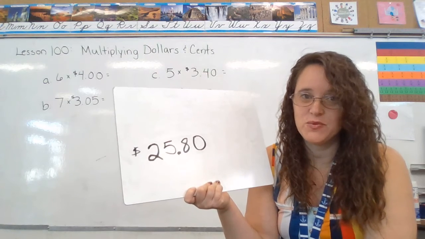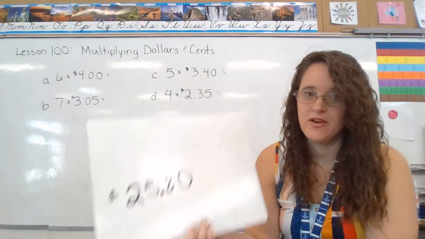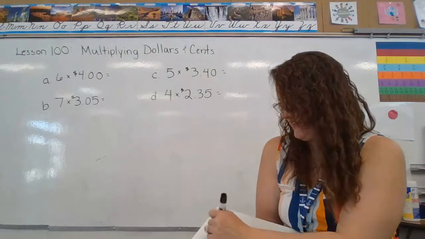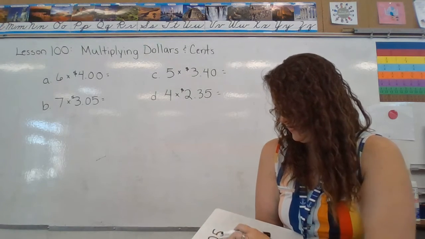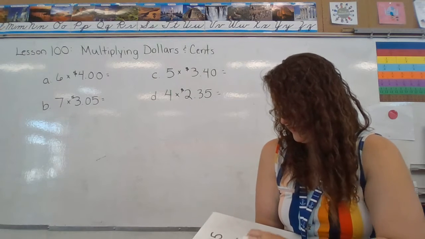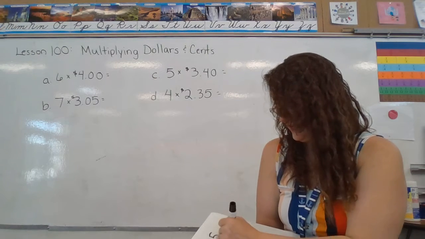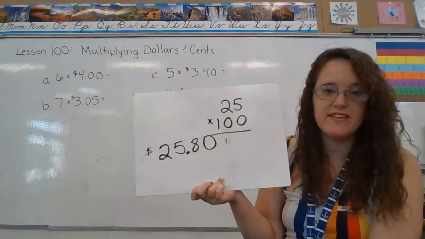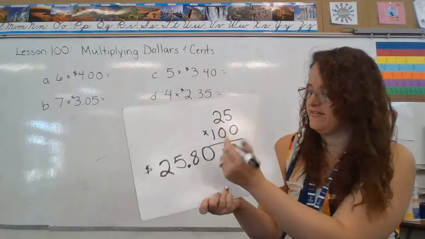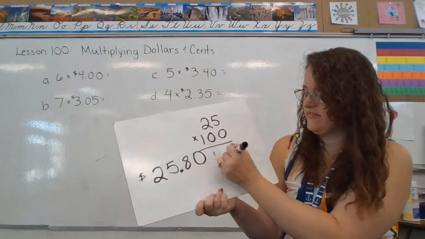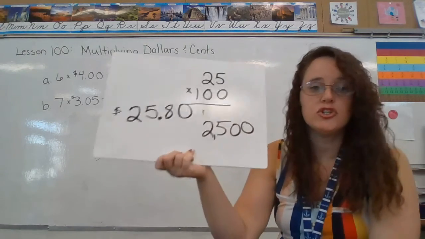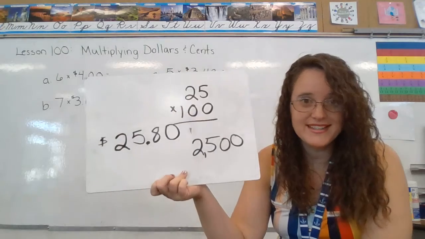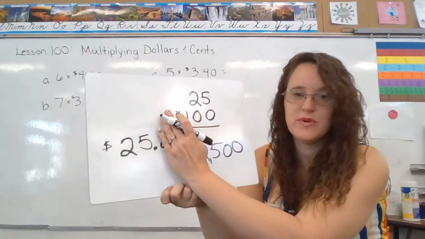How many pennies would that be? We could do 25 times 100, where 25 times 1 is 25, and tack on my 2 zeros. 2,500 pennies. So that takes care of the $25.